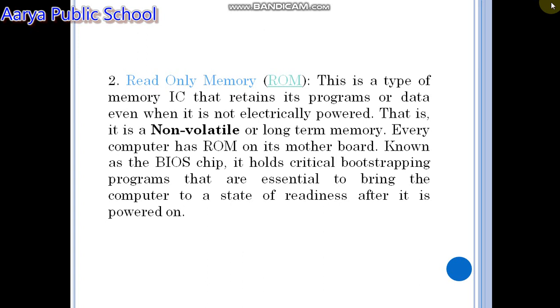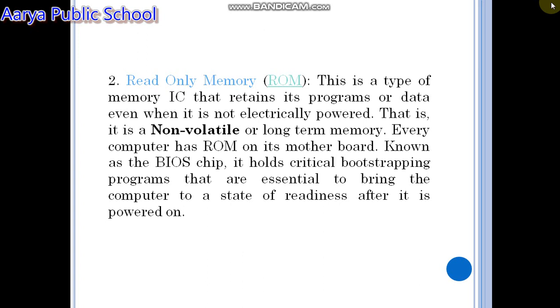Every computer has ROM on its motherboard, known as the BIOS chip. It holds the critical bootstrapping program that is essential to bring the computer to a state of readiness after power on.